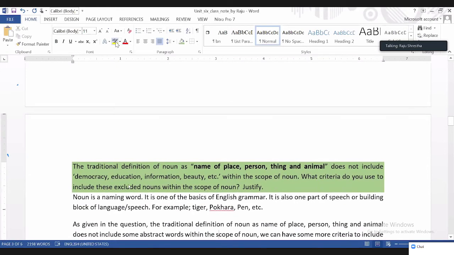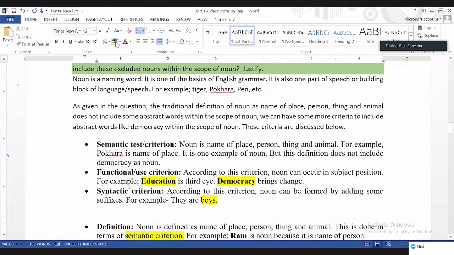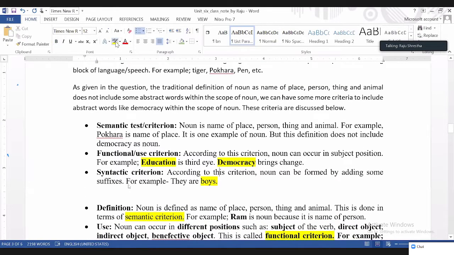As for this question: the traditional definition of name of place, person, thing and animal does not include democracy, education, information, beauty within its scope. What criteria do you use to include these excluded nouns within the scope of noun? We have these criteria, and on the basis of them we can confidently claim that they are nouns. Here we also have to make the definition a bit broader.